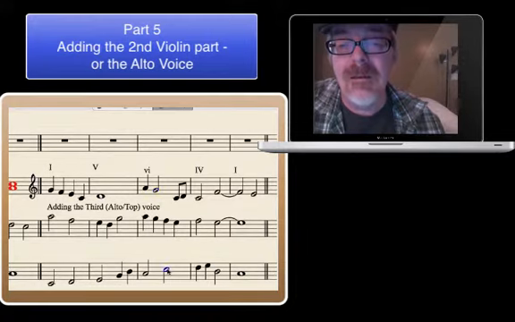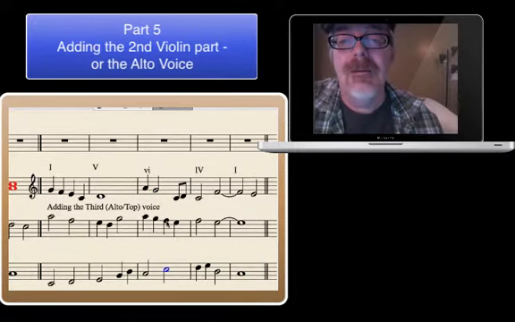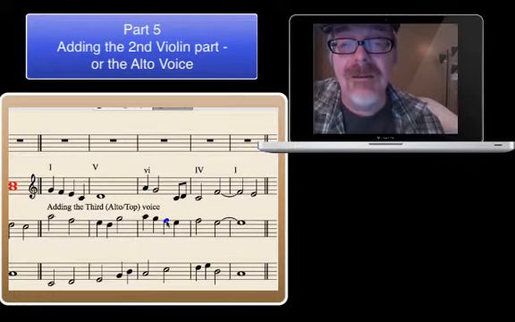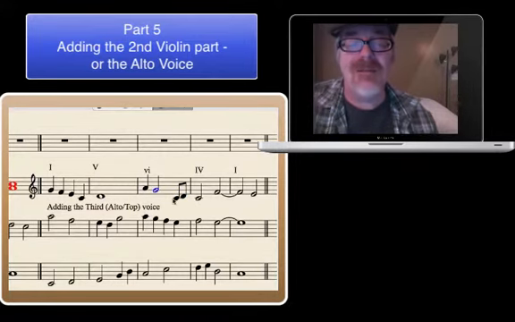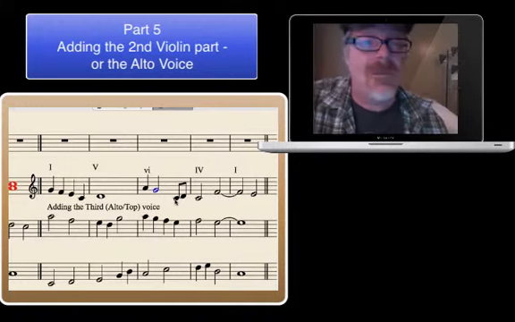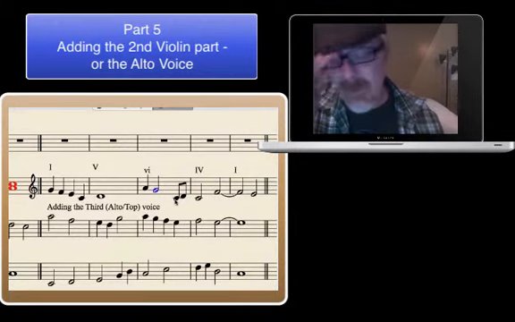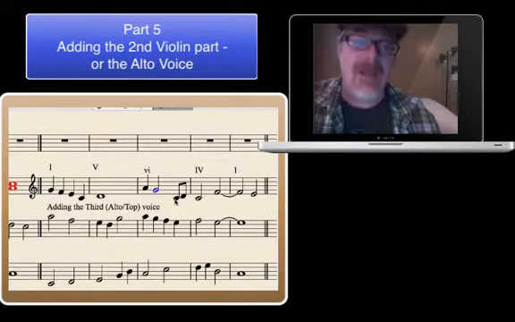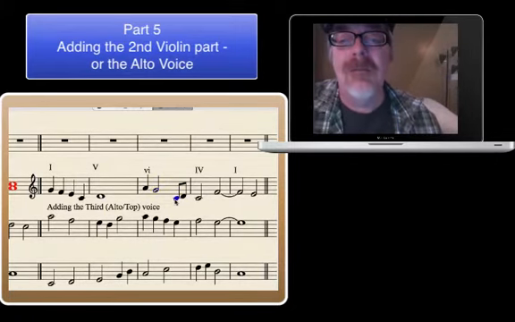We have an E here and an A there. There's my C. So I skipped down from a G down to a C. Now, why did I pick the C? Well, there's not a C showing up anywhere else in the other two voices, and I really want to make sure that the ear hears that. So I put that one here.